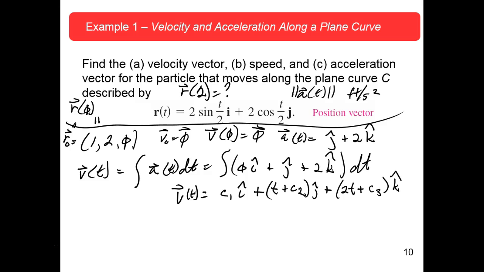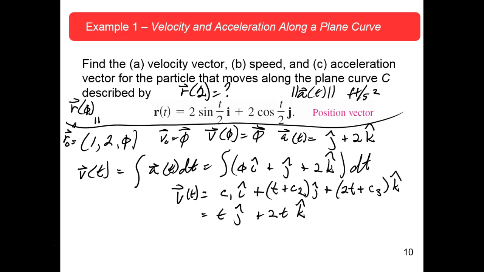So what we have, the velocity vector, is then t j plus 2t k, which may have been our first guess if we hadn't messed with that, but that's exactly what it is. And what do we do from there to get your position vector?